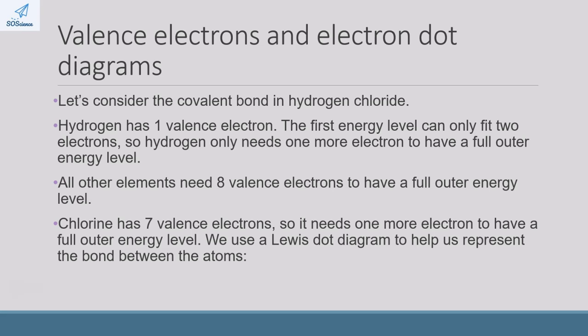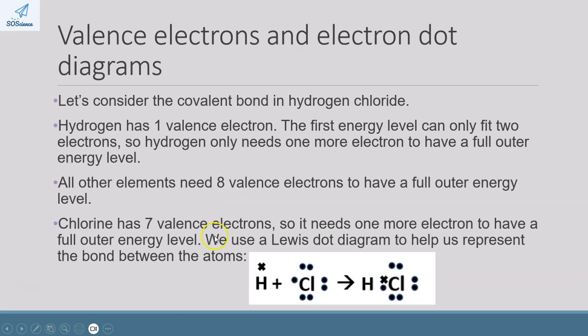And we can use Lewis dot diagrams to help us represent how that bond is formed. So we've got hydrogen, which has one valence electron, and we've got chlorine, which has 7, and we can clearly see that with hydrogen sharing an electron and chlorine sharing an electron, hydrogen now has a full outer energy level because it's got 2 electrons around it, and chlorine also has a full outer energy level because it has 8 electrons around it.